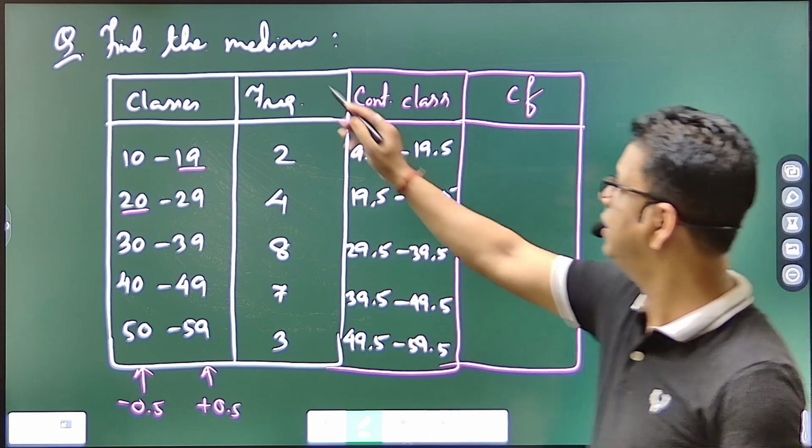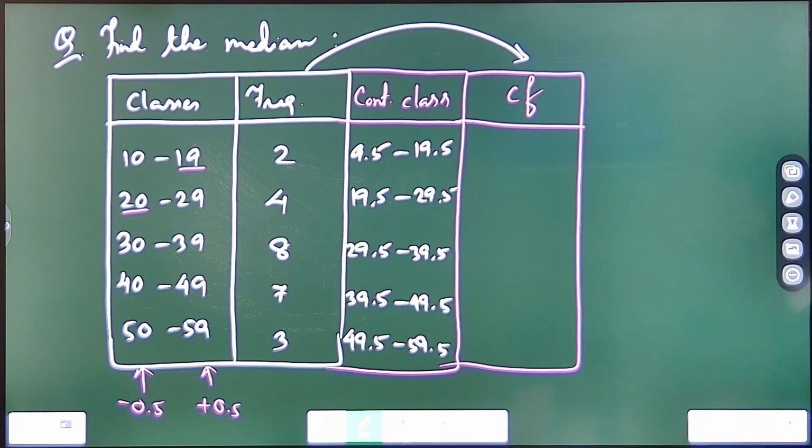Now try to get the CF and n by 2, try to solve it.